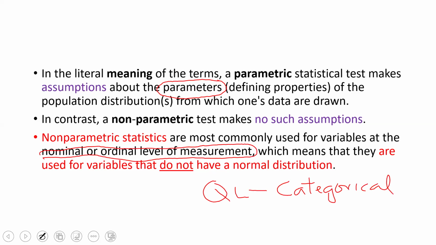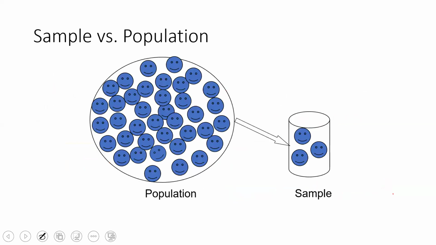Normally, it is things that are measured, like age, distance, weight, height. Anything that is measured is normally taken to have a normal distribution. However, non-parametric tests are for things that are classified, or categorized or ordered. They are not normally distributed. So analysis for such kind of data will be non-parametric.